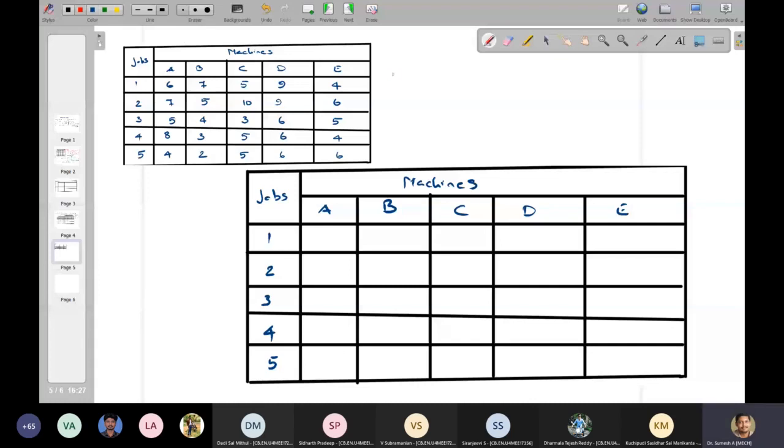The first step in the Hungarian algorithm is to perform the row wise operation.